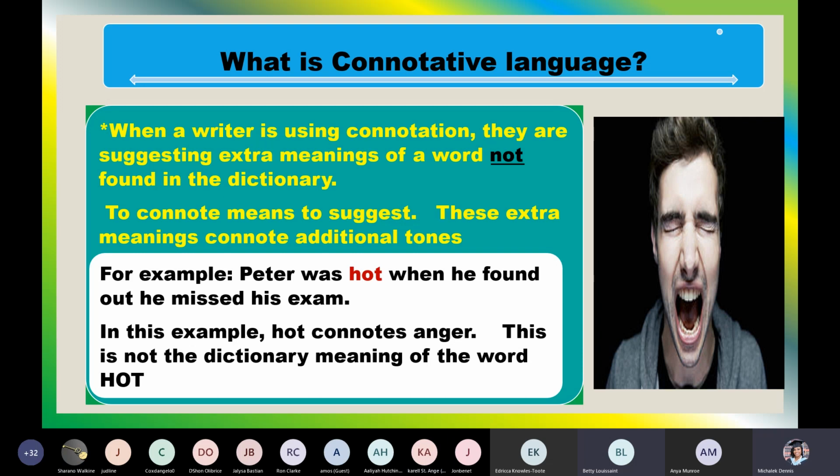What else? Let's look at what it says. Debriana responded to paint a picture in the reader's mind. Excellent. That's also a part of connotative language. Very good, guys. Anyone else?